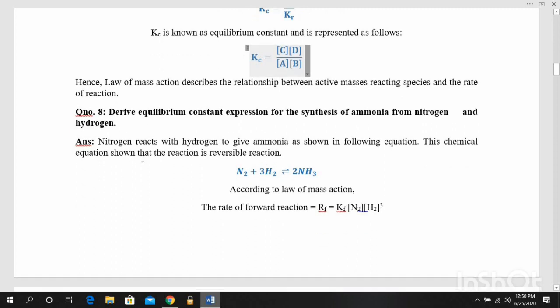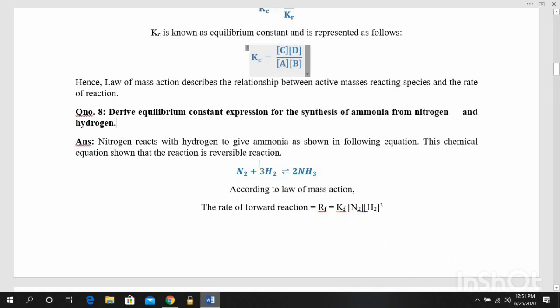Okay, so moving ahead towards question number 8, which is: derive the equilibrium constant expression for the synthesis of ammonia from nitrogen and hydrogen. In the question it is quite clear that ammonia is synthesized, which means ammonia is made from nitrogen and hydrogen.